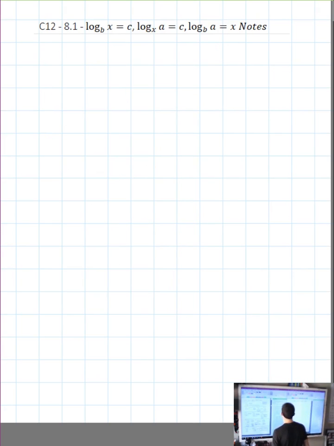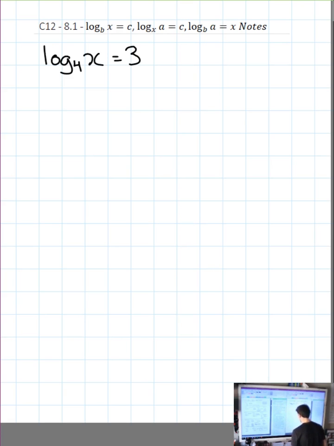Okay, let's take a look at some more logarithmic equations. So let's take log base 4 of x equals 3.